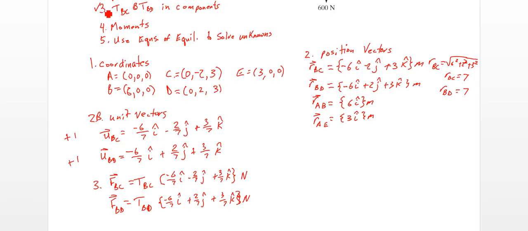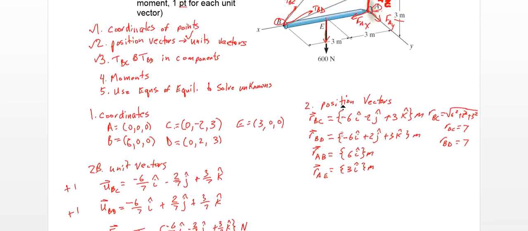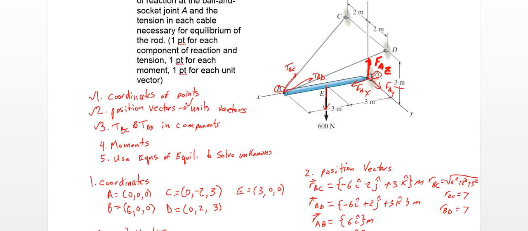Now onto the moments. We have 3 moments acting at 2 places. The forces are being applied at B, and we're going to find a moment around A, and then we also have another place at E where that force is being applied down and creating a moment around A. So we have 2 options for these tensions, BC and BD.